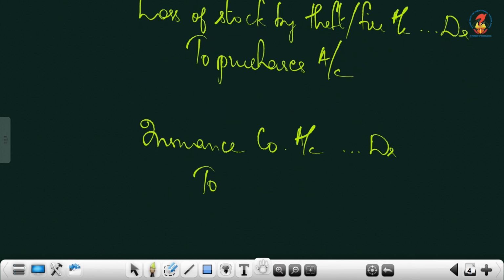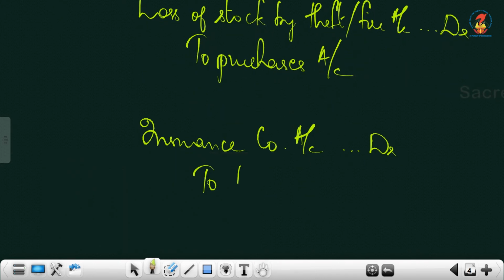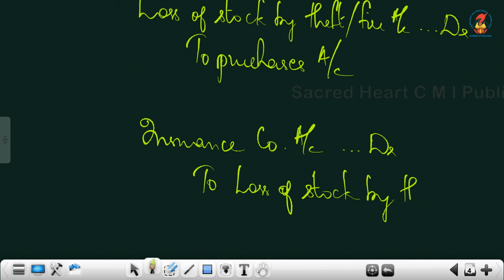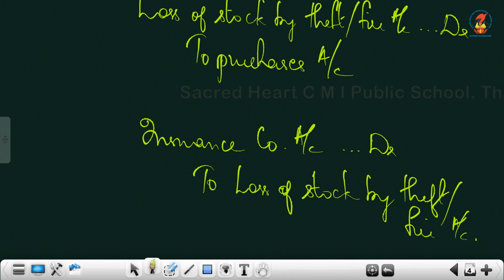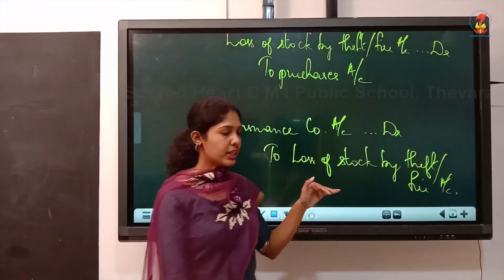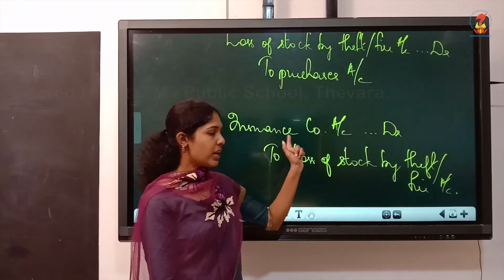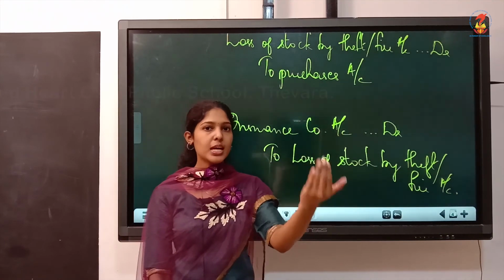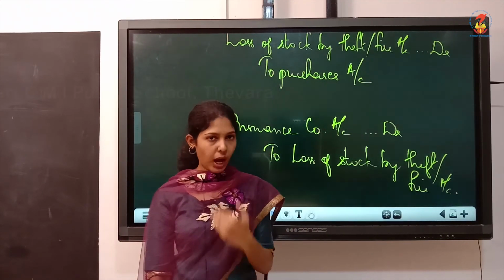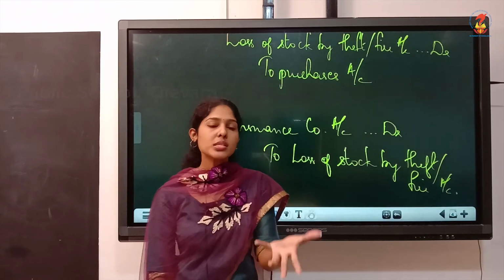Second, why is the insurance company giving us the amount? It is on account of the loss. So the loss account must be credited. Understood? The actual concept behind crediting the loss account is, when the insurance company pays the amount to us, there is no loss account now.